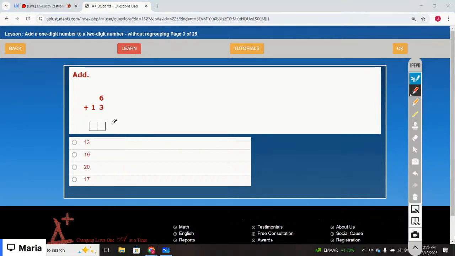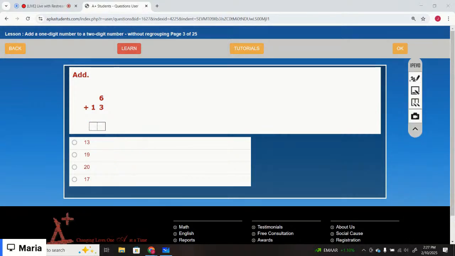You have to bring the tens digit as it is, so that is 19. The correct option is 19. Option number 2 is the correct option.